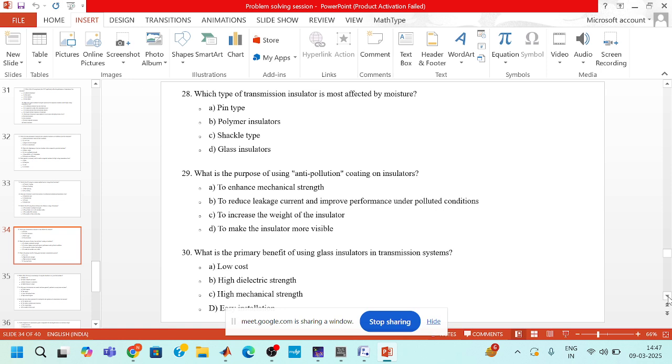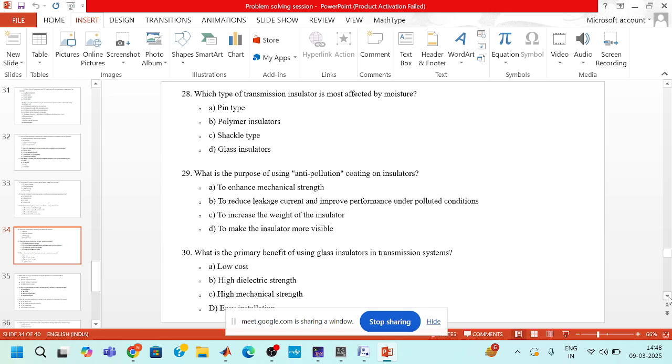High dielectric strength or low cost, madam? A or B? Or mechanical strength? B, madam. High dielectric strength.